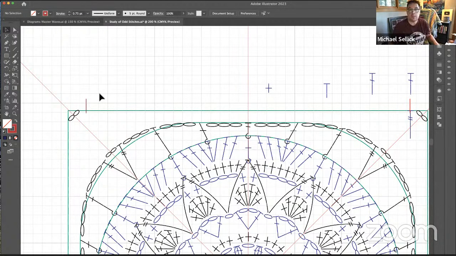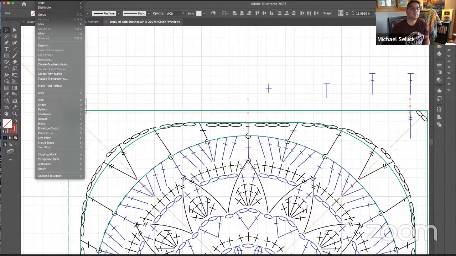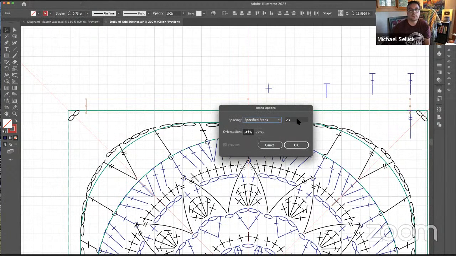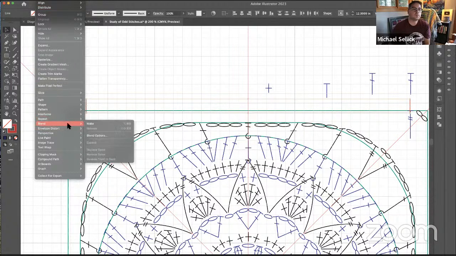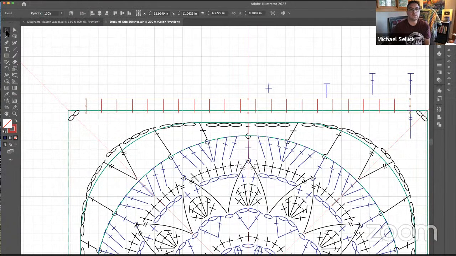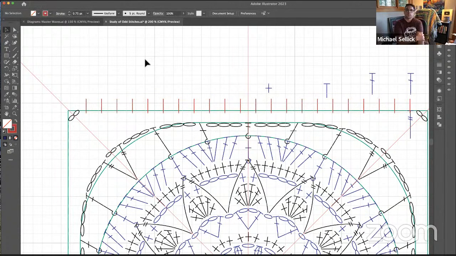So there is only 22 spots. There's the stitches there. 22.